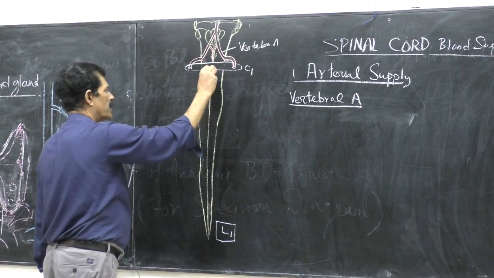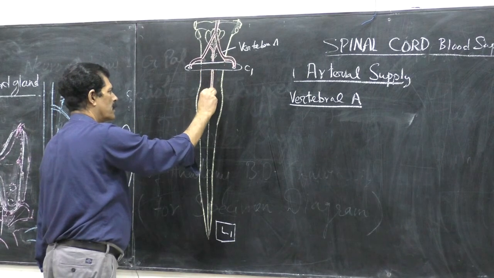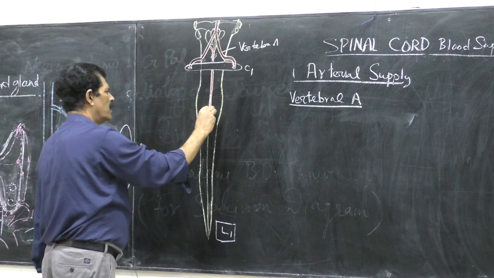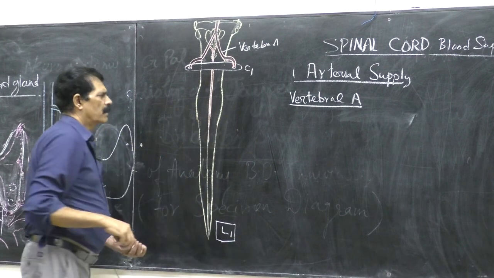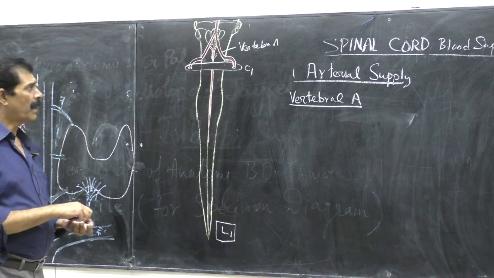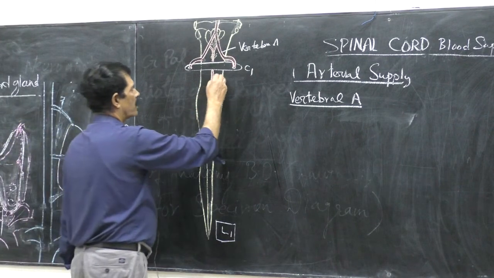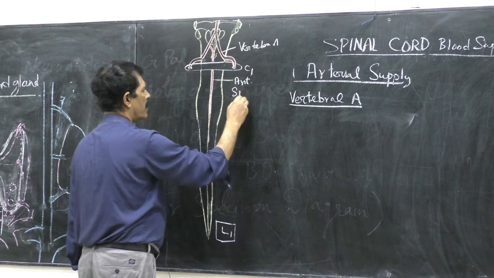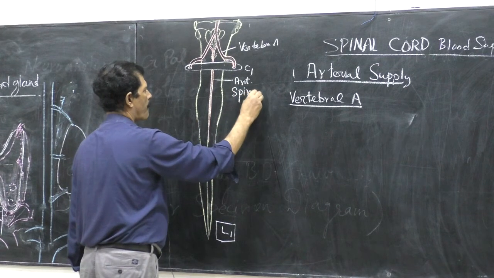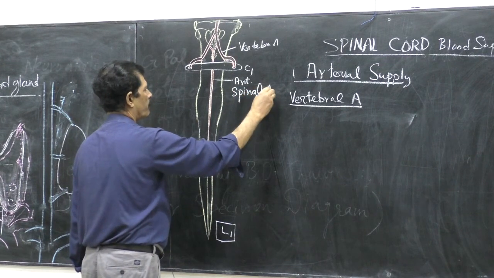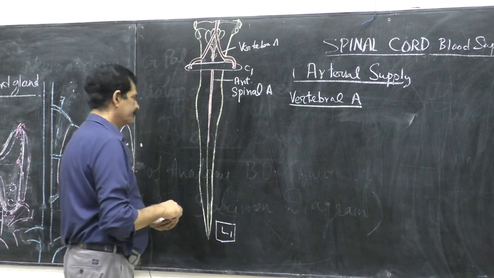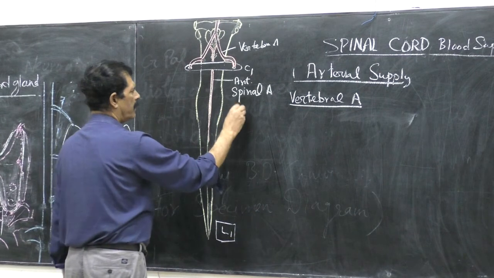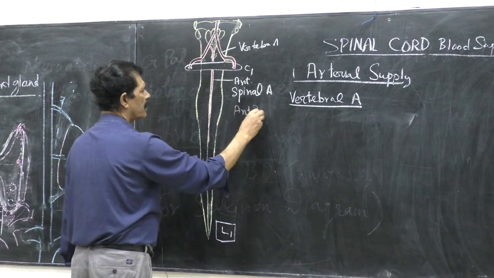And this anterior spinal artery runs on the anterior median fissure of the spinal cord. So this is the anterior spinal artery, which supplies the anterior 2/3 of the spinal cord.